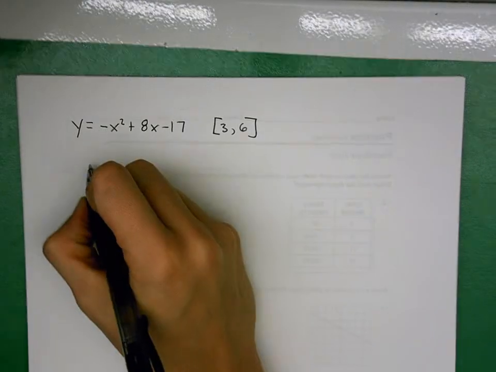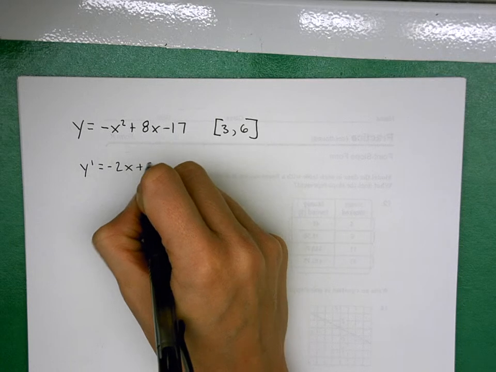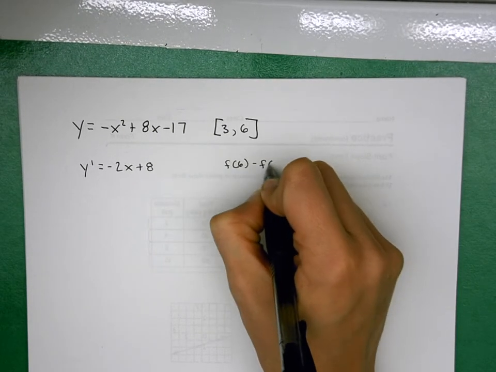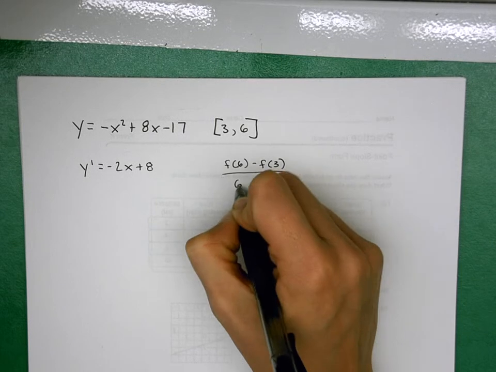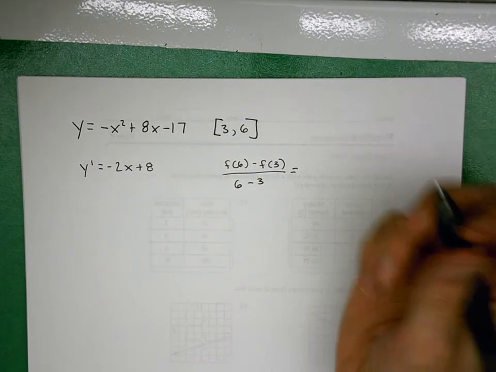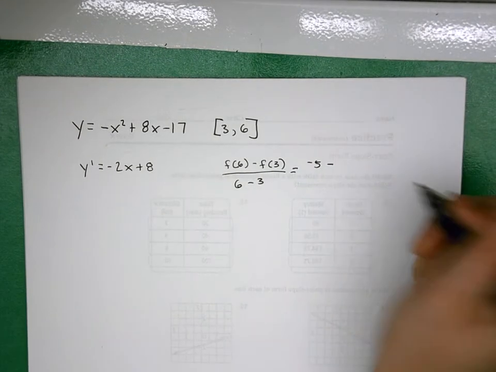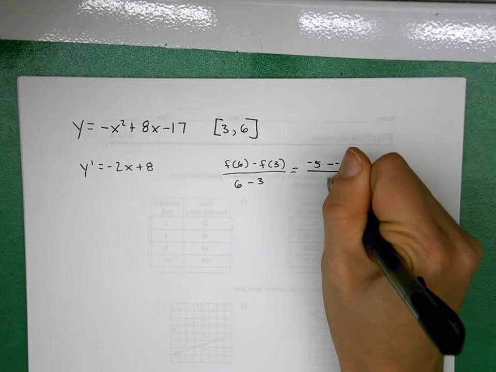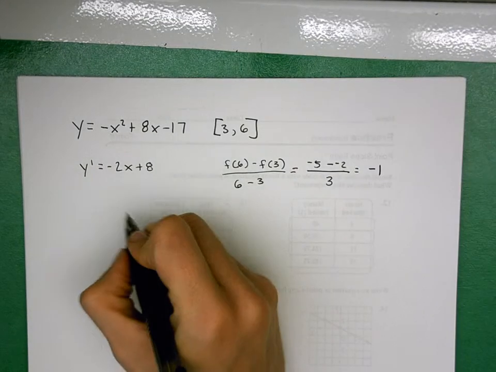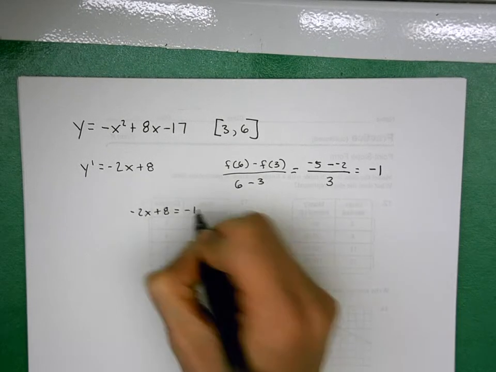So f prime of c first, we have our derivative, -2x plus 8. And then our f of b minus our f of a over b minus a. F of 6, when I plug in 6, I get -5. When I plug in 3, f of 3, I get -2, which is -1.